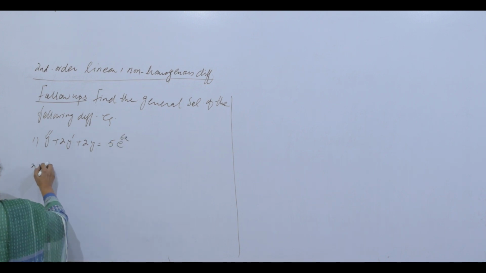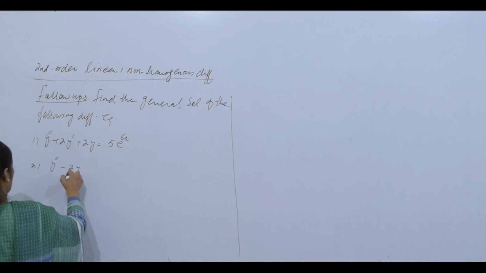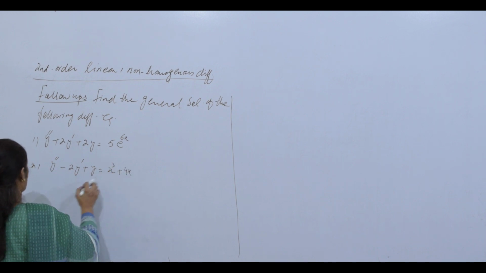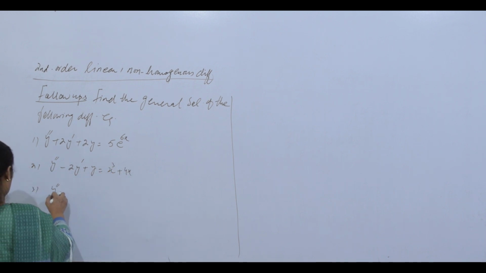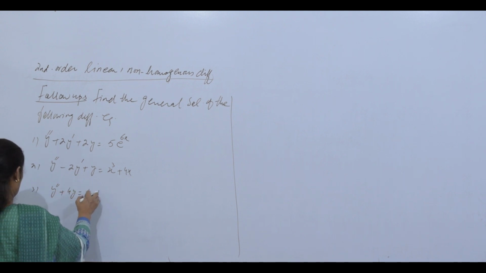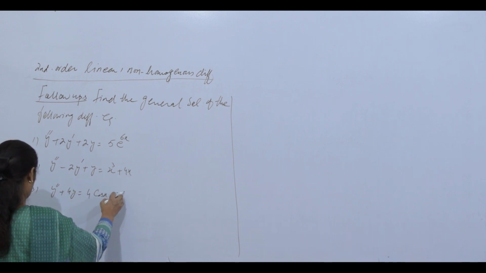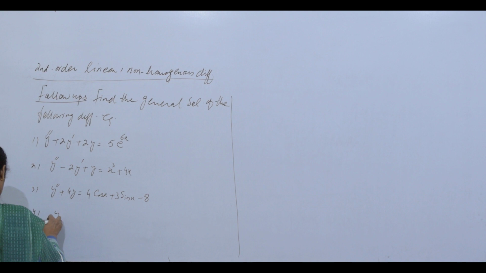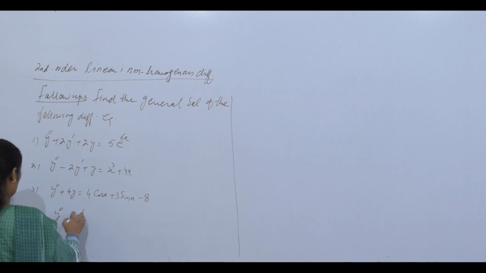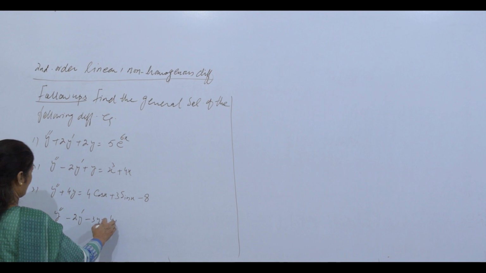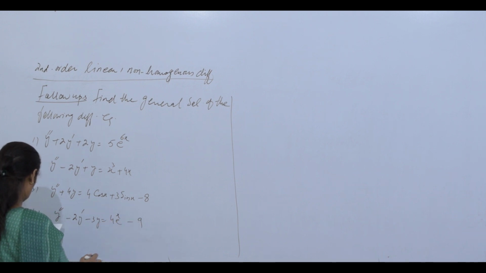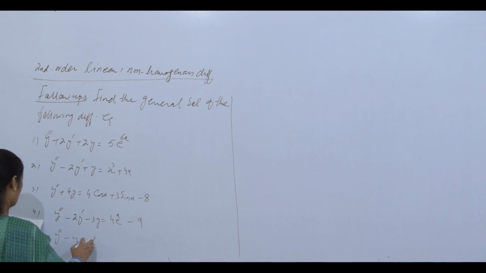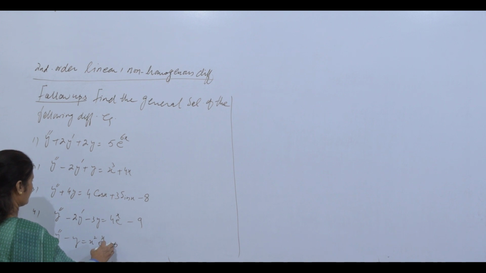Number 2: y double dash minus 2y dash plus y is x cubed plus 4x. Number 3: y double dash plus 4y is 4 cos x plus 3 sin x minus 8. Fourth: y double dash minus 2y dash minus 3y is 4e^x minus 9. Fifth: y double dash minus y is x squared e^x plus 5.